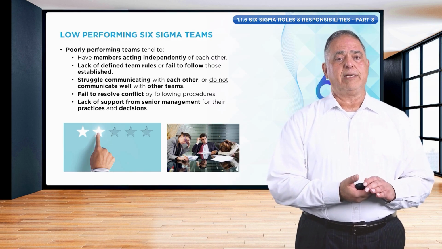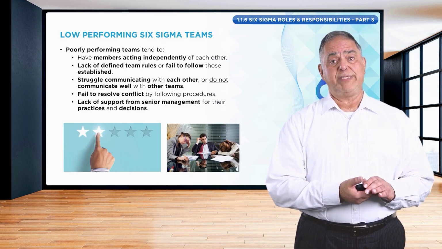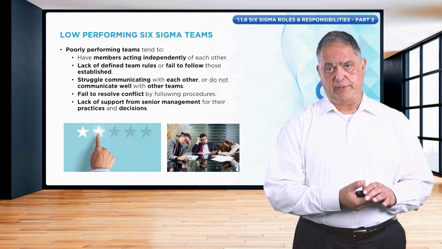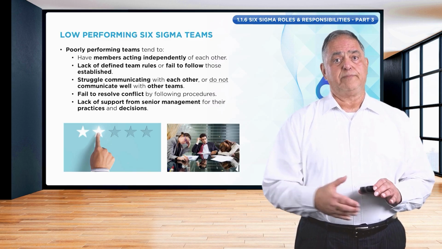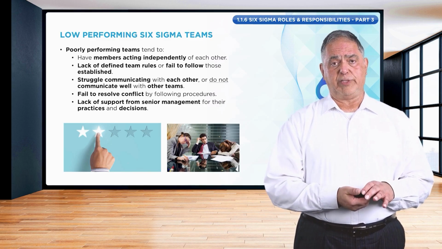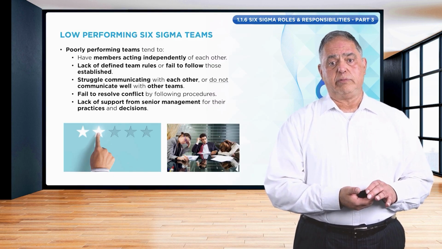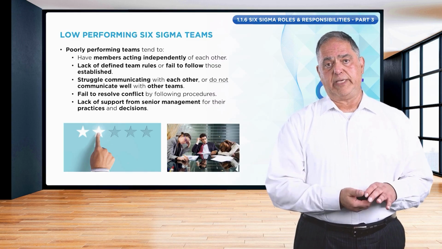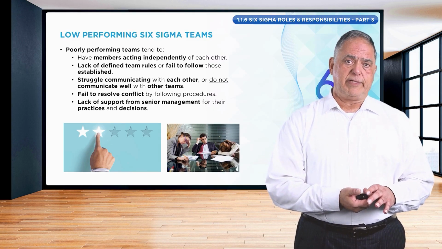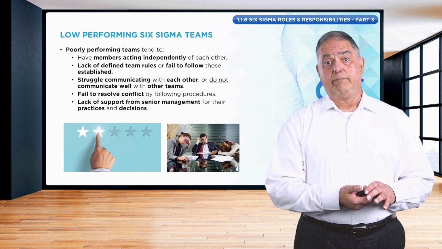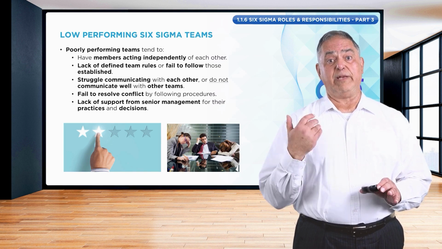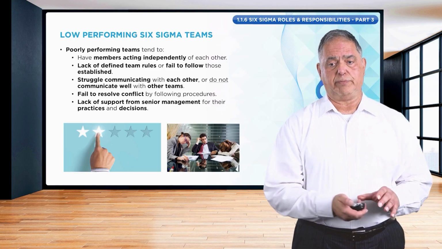And finally, lack of visible support from the top management, for example, in providing the required resources when they're needed, and also by participating in project activities and showing performance and visible support from the top.